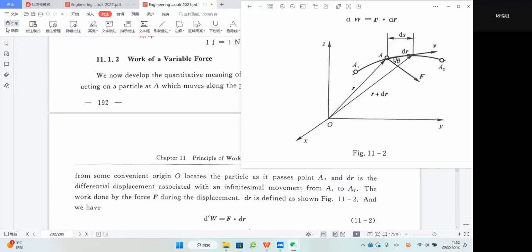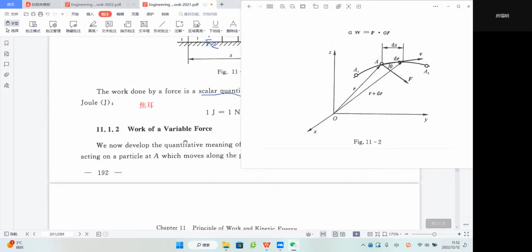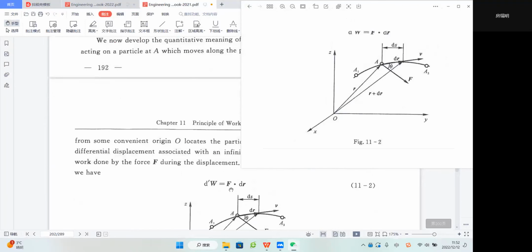In this very short length, we consider that F is a constant vector, right? So we have dW. In China, we call that 元功. dW equals F dot product dr, just like this, right? So we have F dot dr.